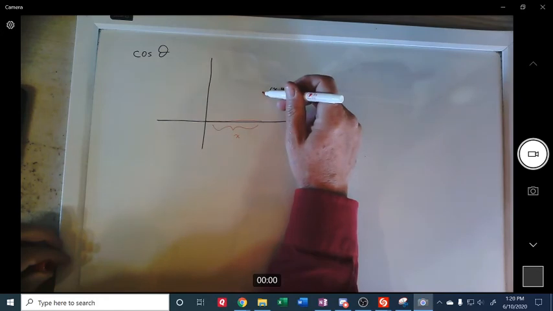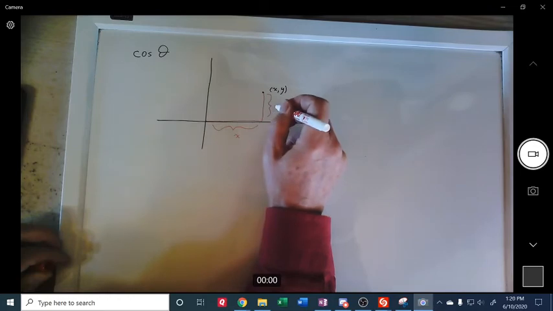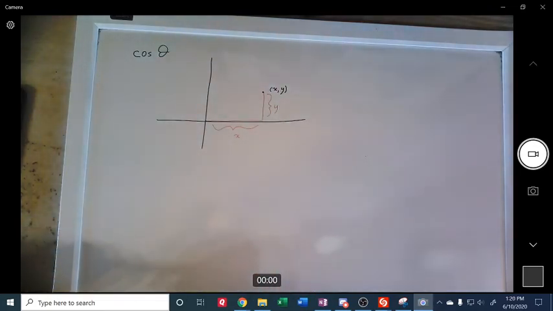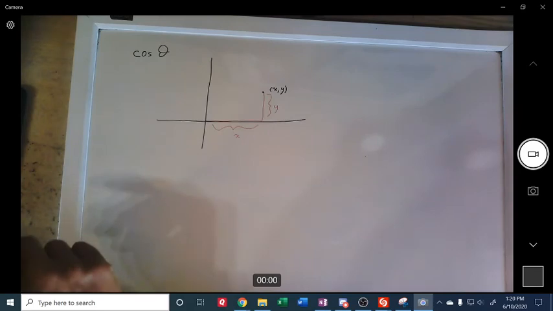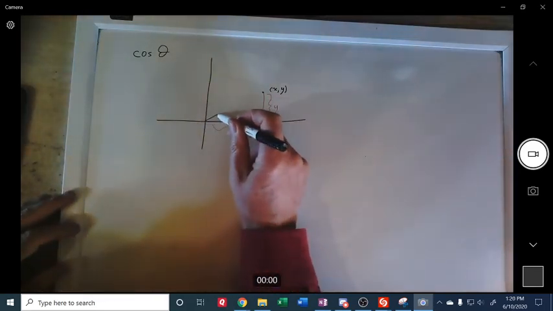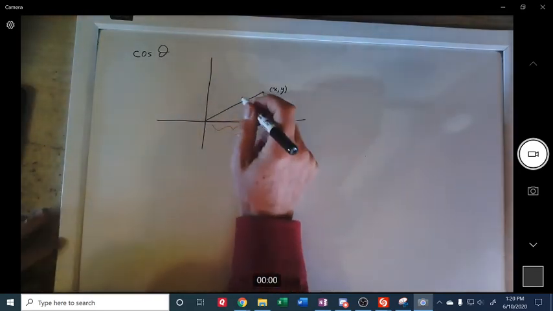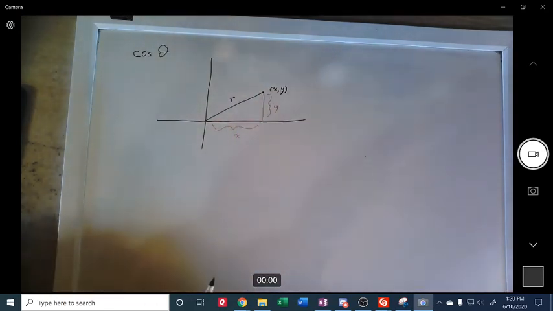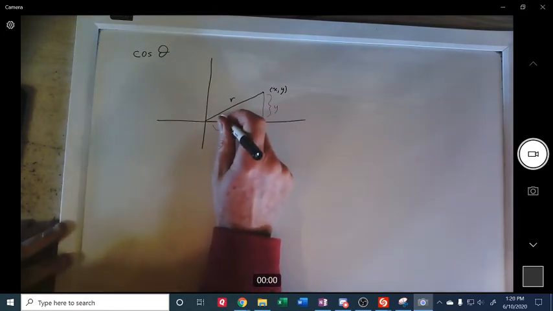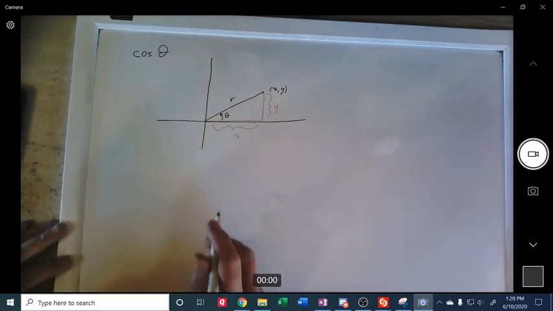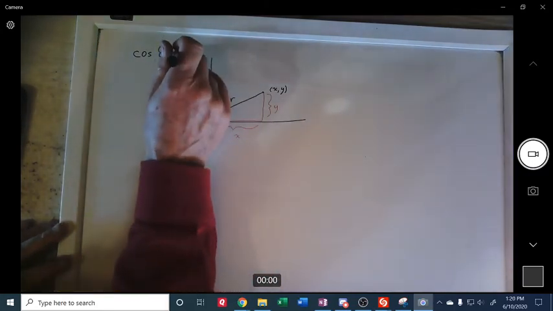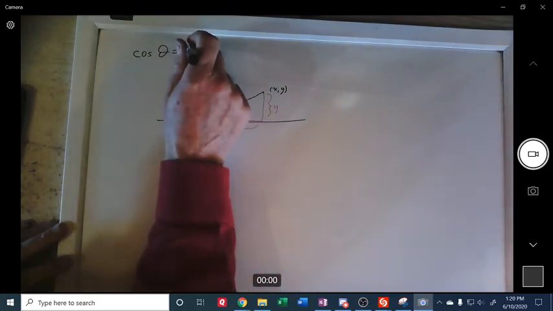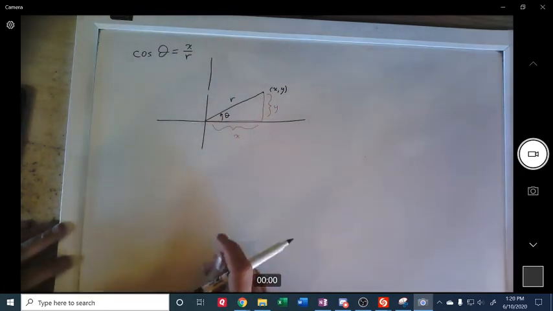And as you move up from directly below that point, this distance is y. And as we go out to that point, we'll call this distance r. And then the angle theta will be here, and the cosine of theta by definition is x over r.